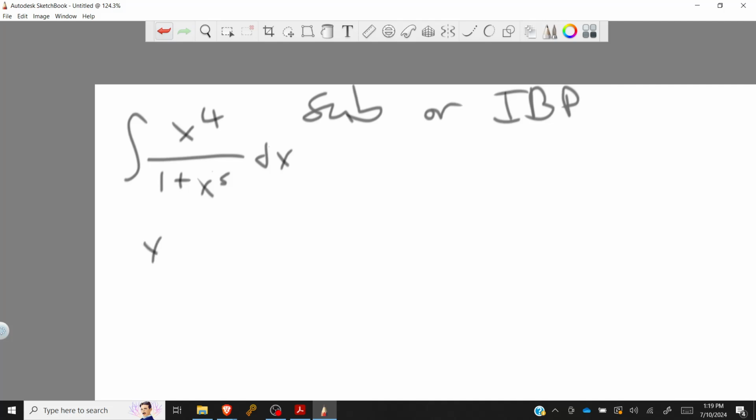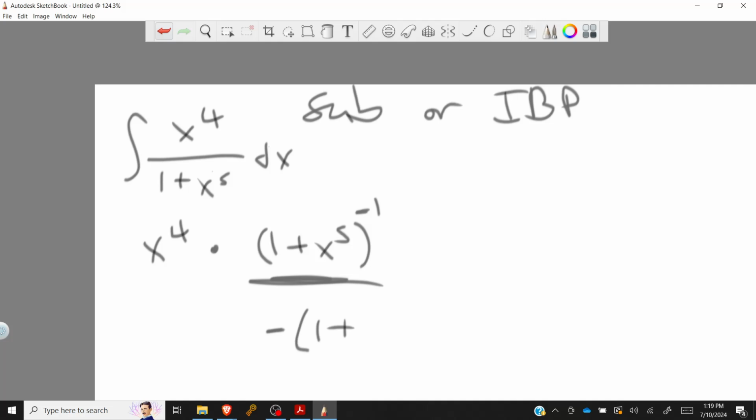Well, if I tried to integrate by parts, then my parts would be this, and 1 plus x to the 5th to the negative 1. I don't know about you, but that seems pretty difficult. We'd take the derivative of that, which would be like that or something, chain rule.